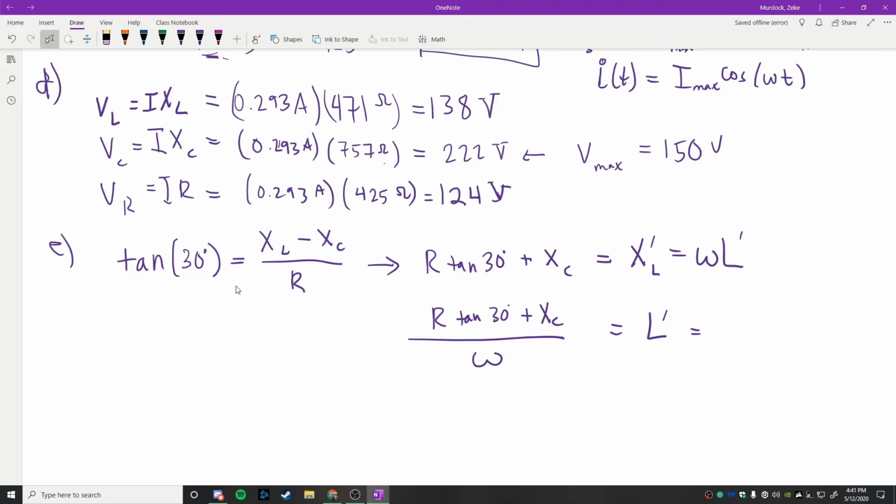So that's going to be, R was 425 times tan 30 plus XC was 757, and I divide that by omega, which is 2 pi times 60. Okay, and what do you guys get for this one?